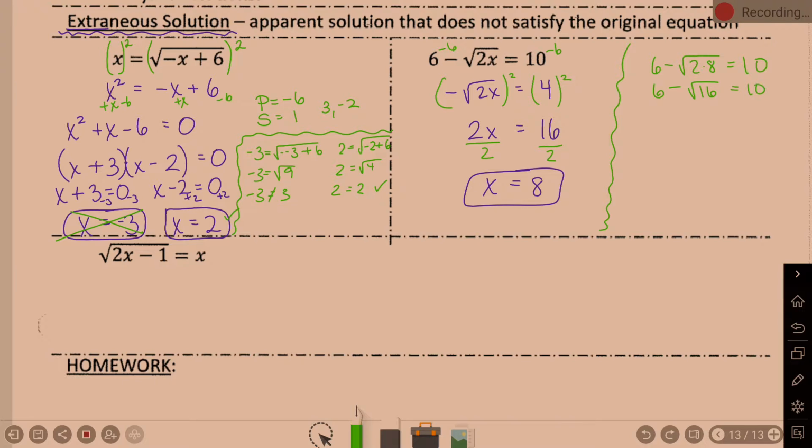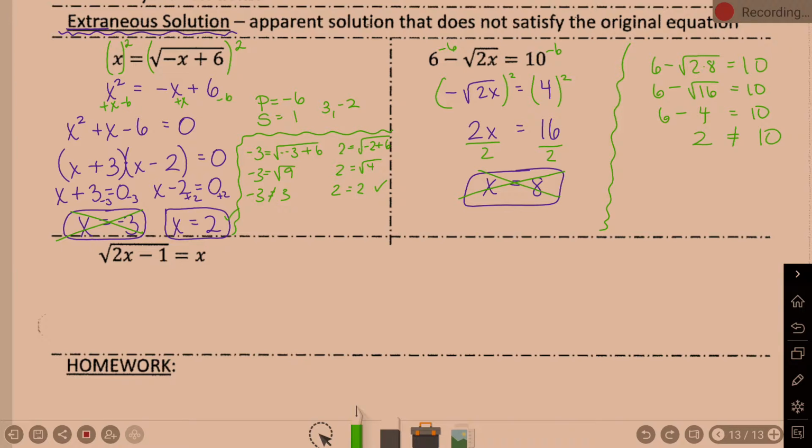The square root of 16 is 4. 6 minus 4 is 2. And what does that tell me? It doesn't work. 2 does not equal 10. So 8 does not work. 8 was my only option.